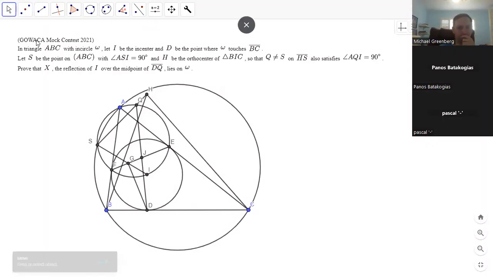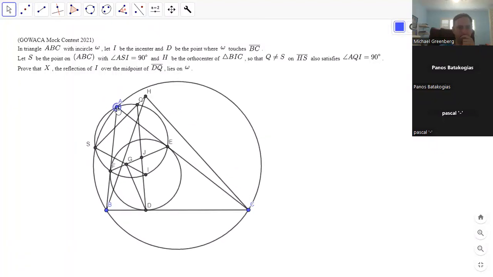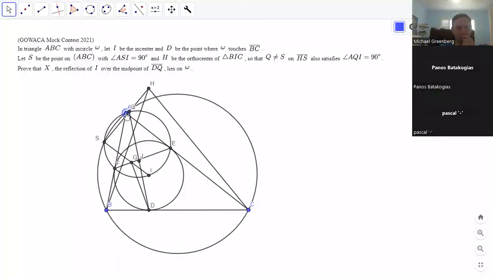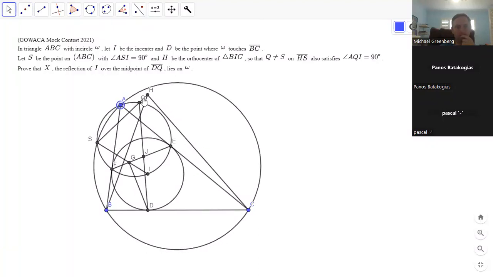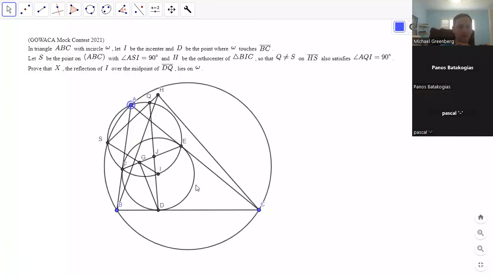So apparently it looks like QD, it's saying if we reflect I over DQ, then it should lie on the, right now I'm confused. Oh, it looks like the midpoint of DQ lies on EF. Yeah.